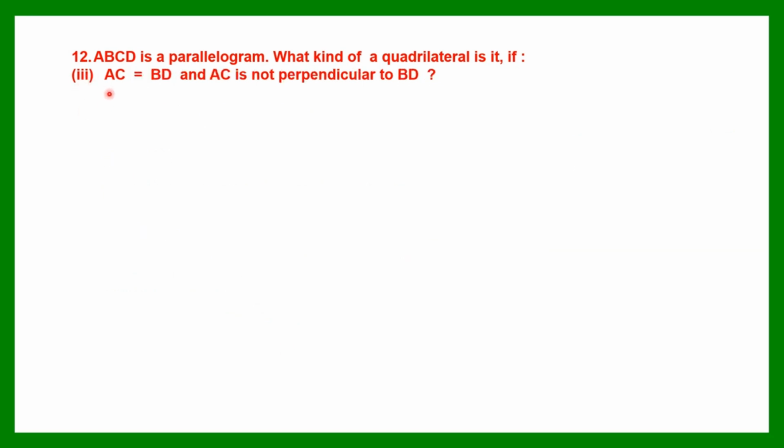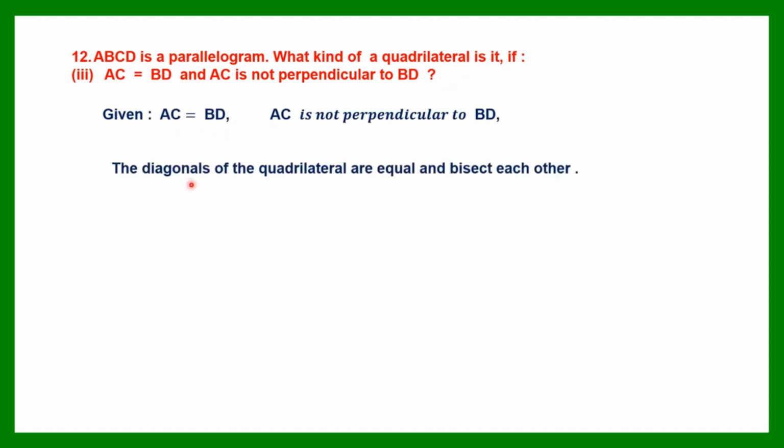Now this time AC is equal to BD but AC is not perpendicular to BD. So what kind of a quadrilateral is it? So given, the diagonals are equal but they are not perpendicular to each other. So the first point: the diagonals of the quadrilateral are equal and they bisect each other but they are not perpendicular to each other.